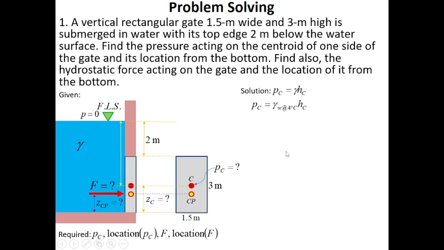This is now H sub C. Again, H sub C is the distance from the free liquid surface to the centroid of the plane area, so the centroid of the gate. Take note of this distance.